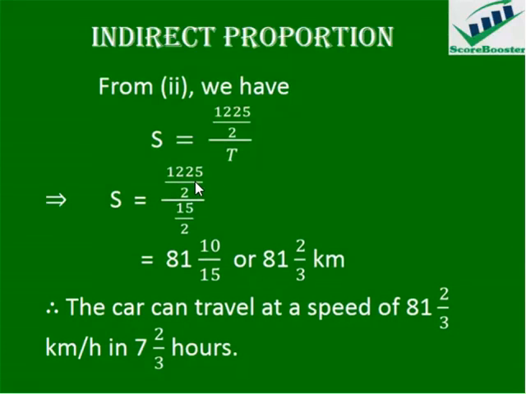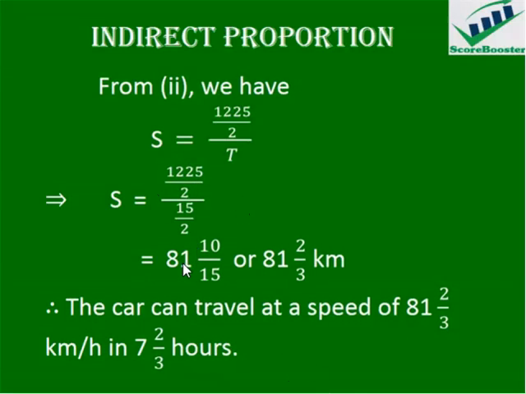So S will be 1225 over 2 divided by 15 over 2, which will be what? If we should do this, we have 1225 over 2 divided by 15 over 2, which will be 1225 over 2 multiplied by 2 over 15, which is saying 1225 divided by 15.